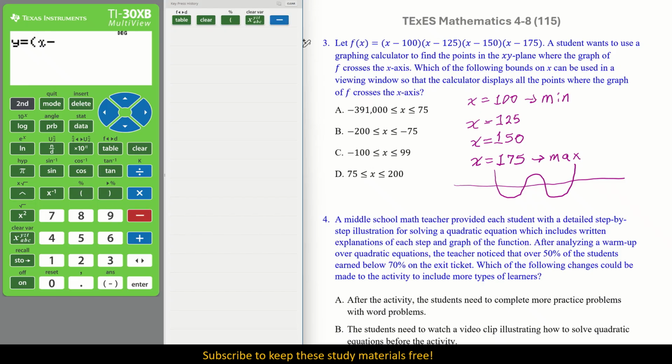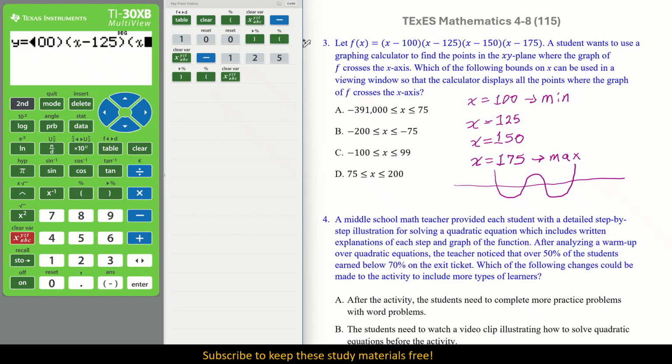It did me. I kind of had to do it. Then x minus 125, and then close, and then x minus 150, close and open. And then x minus 175, and I close.